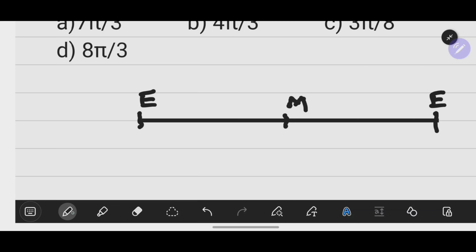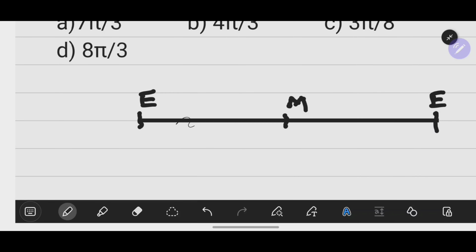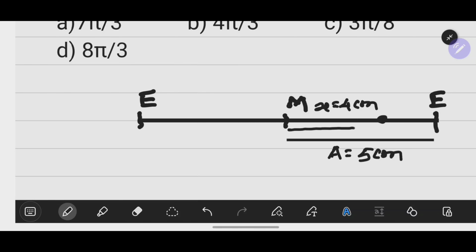The amplitude is already given: A is equal to 5 centimeter, and the particle exists at a particular point at a distance x is equal to 4 centimeter from the mean position.